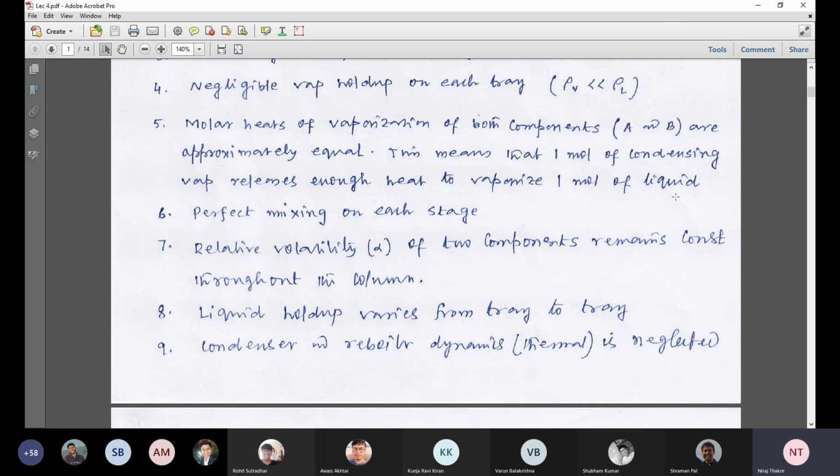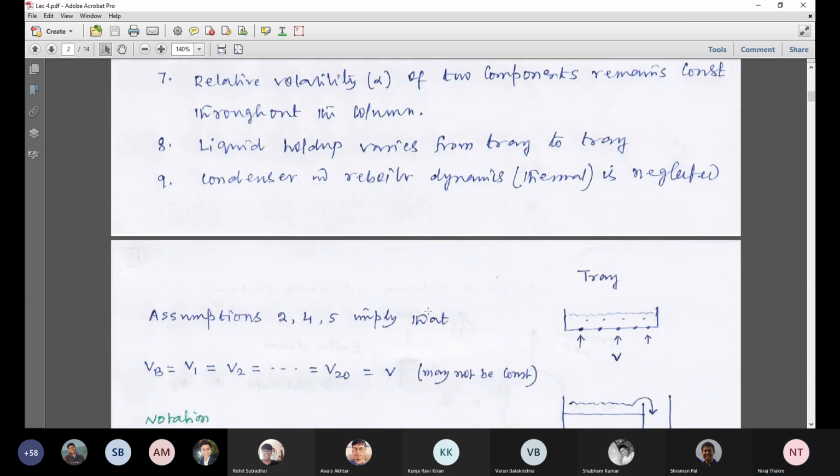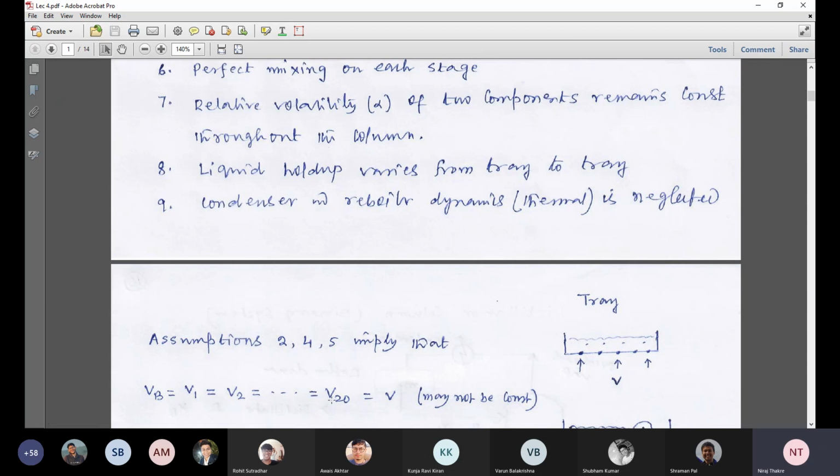If there is any condensation, equal moles get vaporized. That means there is no change in terms of moles. These are molar flow rates, moles per unit time, like mole per minute or kilomole per hour. So according to the fifth assumption, what vapor is going in, an equal amount of vapor is coming out.